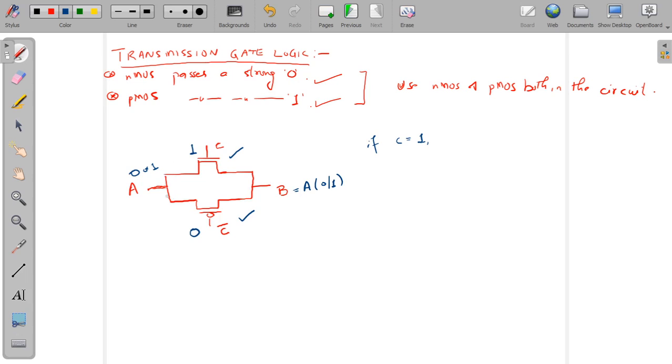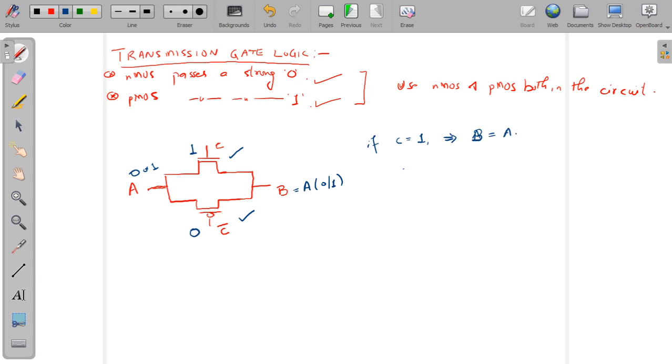So in that case, when A is 1, PMOS will be in action, and it will pass the 1 logic at A completely to B. So whatever is the situation at A, it will be passed completely to B, or the output, if C is 1, right? What happens if C is 1? This means that B is equal to A.